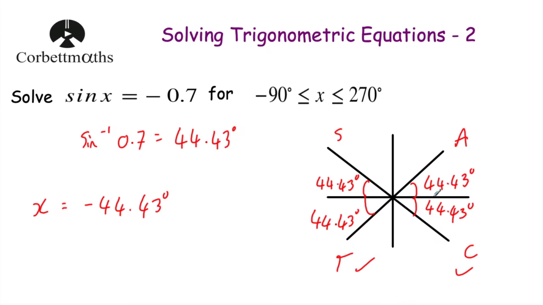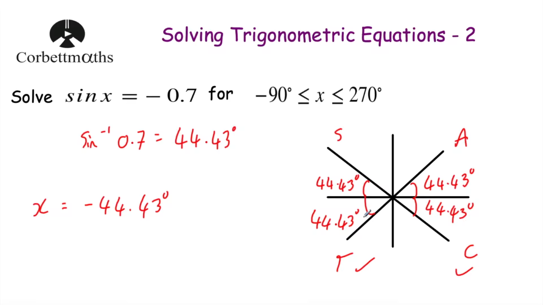Now if we go back to 0, we now need to go round to 270 degrees. So that'll be 1, 2, 3 quadrants. So 90, no solution there. We're not interested in that one. No solution there. And then if we go around to 270 degrees, we have got this solution here. So this solution would be another solution. We're going around from 0 all the way around to here. So to find the size of that angle, that's 180 degrees when we get to there, and then another 44.43 degrees.